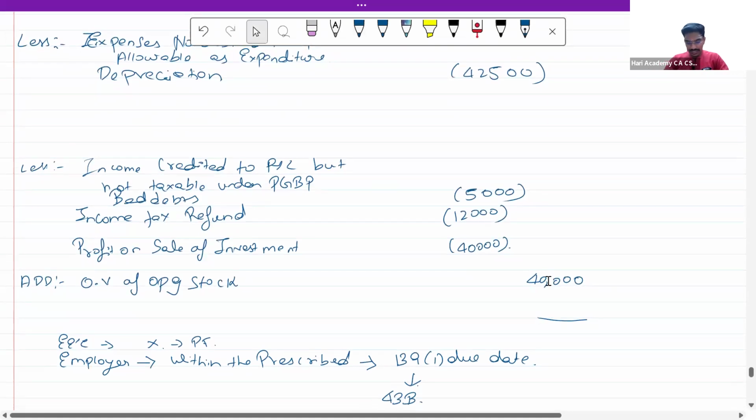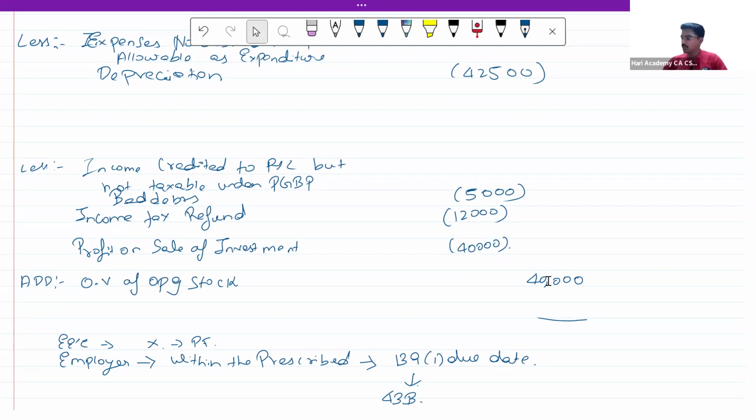So if you do all these adjustments, our total income is going to come to somewhere around 267,350 plus 6,000 plus 2,000 plus 10,000 plus 35,000 plus 24,000, 2,000 minus 42,500, 5,000 minus 12,000 minus 40,000 plus 40,000.